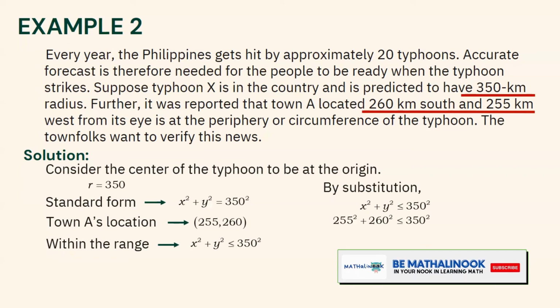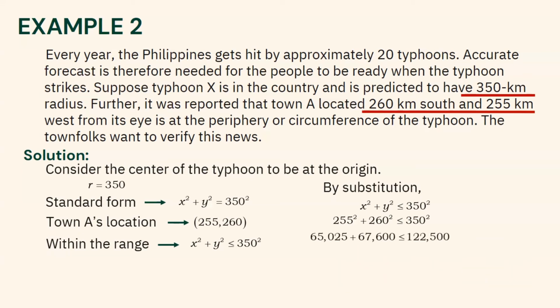Simplifying 255 squared and 260 squared, we will have 65,025 plus 67,600 is less than or equal to 122,500. Simplifying the left side of the equation, we will have 132,625 is less than or equal to 122,500.